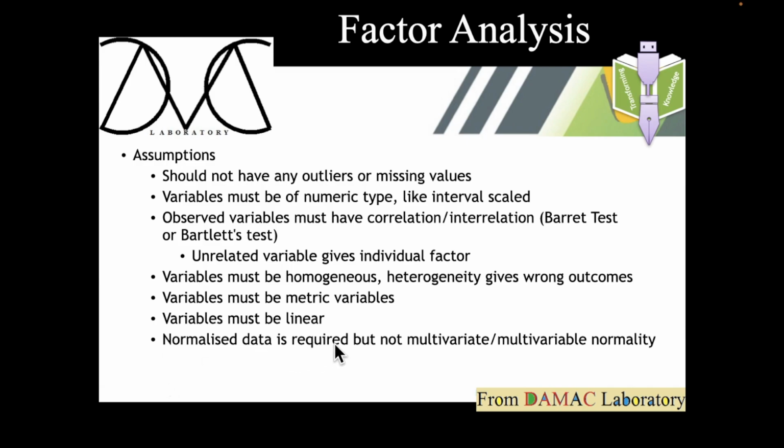Multivariate or multivariable normality will not be considered here. If the data is multilinear, multivariate, multivariable, you can apply factor analysis, but there will be a problem in the result set. It will not be as expected by the factor analysis.